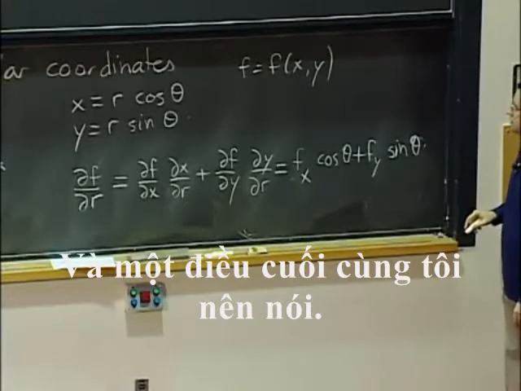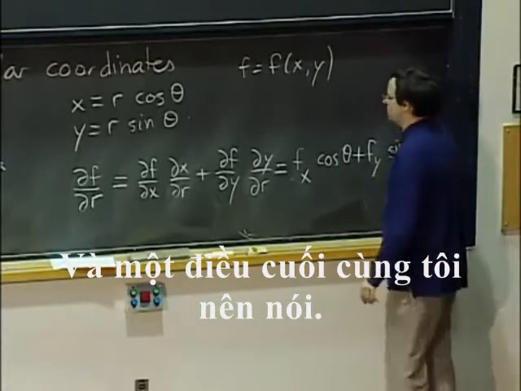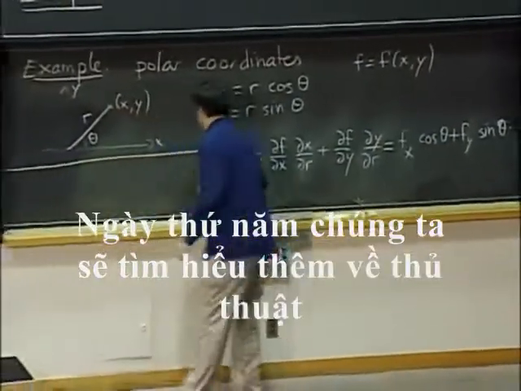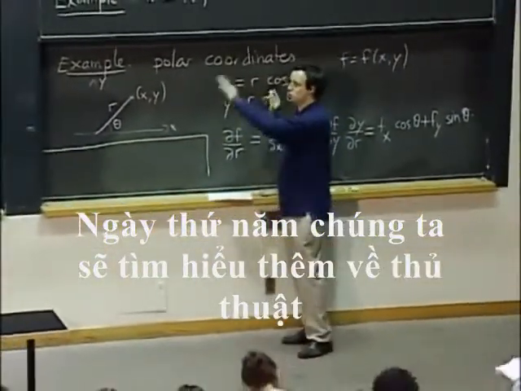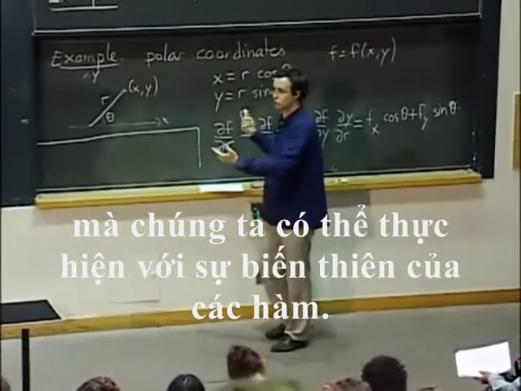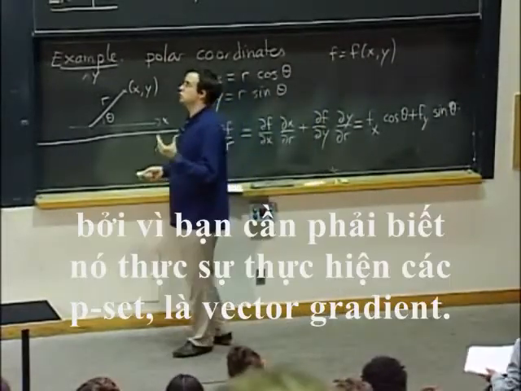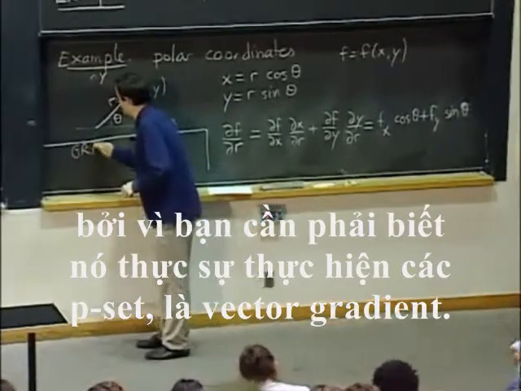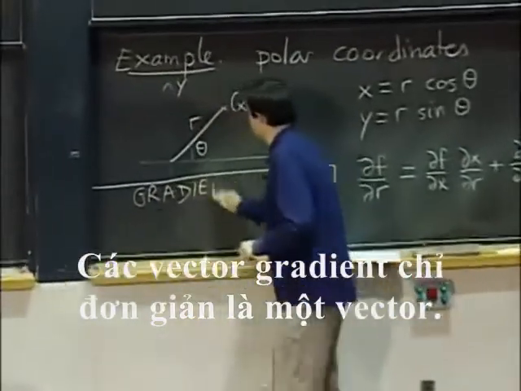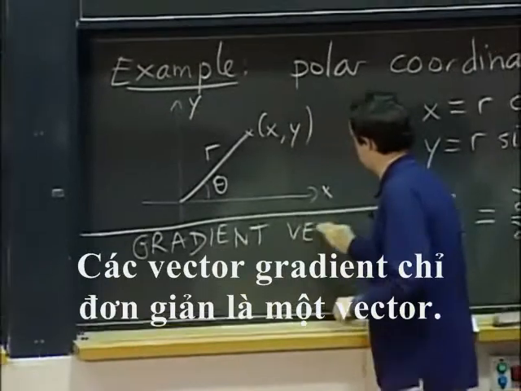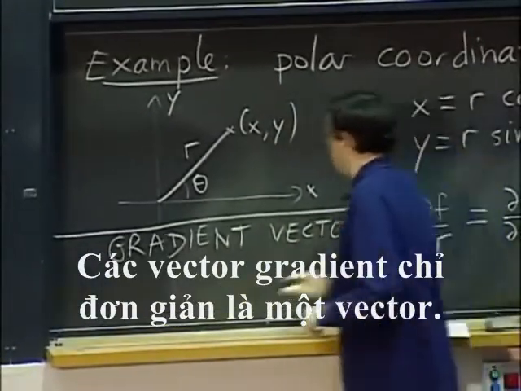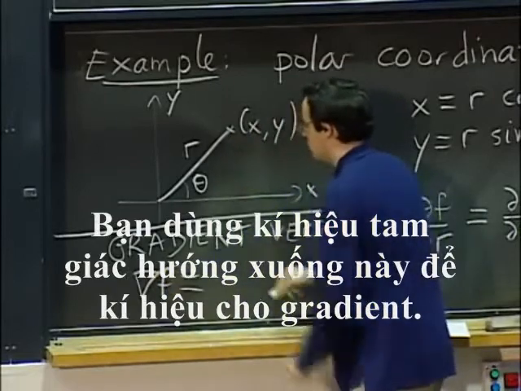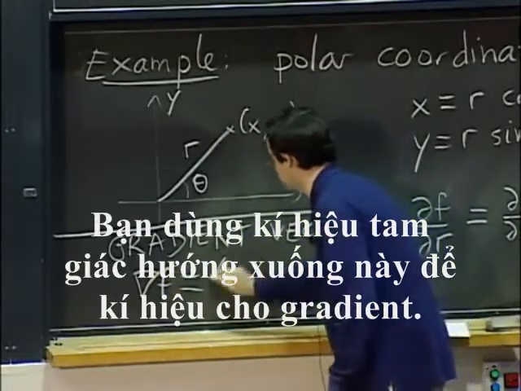And one last thing I should say. On Thursday, we'll learn about more tricks we can play with variations of functions. And one that's important, because you need to know it to do the p-set, is the gradient vector. So the gradient vector, you use this downward pointing triangle as the notation for the gradient.